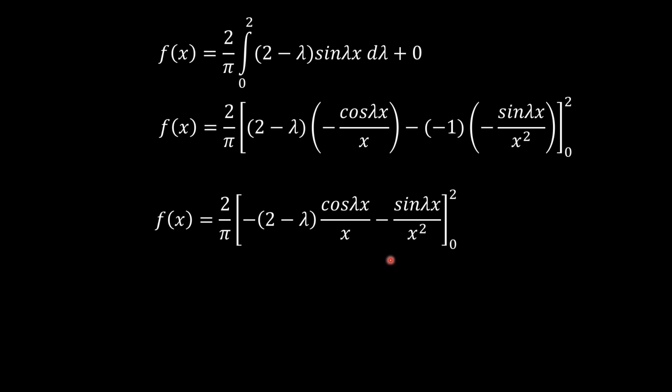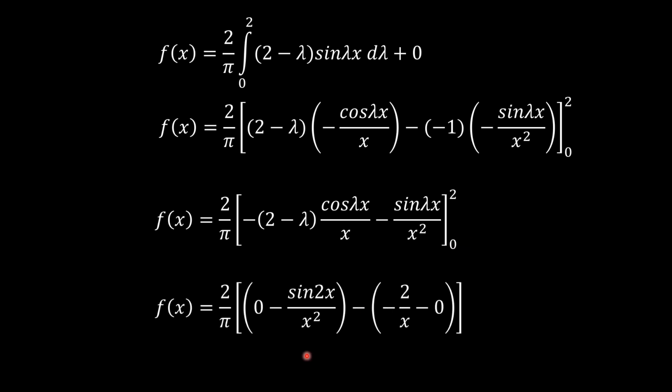Now put in the upper limit and lower limit and evaluate the value. It will give us (2/π) [(2 − 2) · 0 − sin(2x)/x² minus the value at the lower limit: 2 − 0 is 2, so −2, and cos 0 is 1, so −2/x, minus sin 0 is 0].